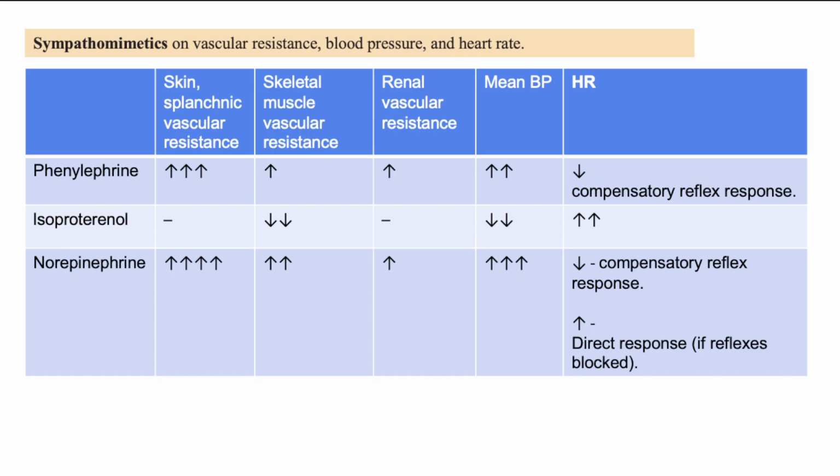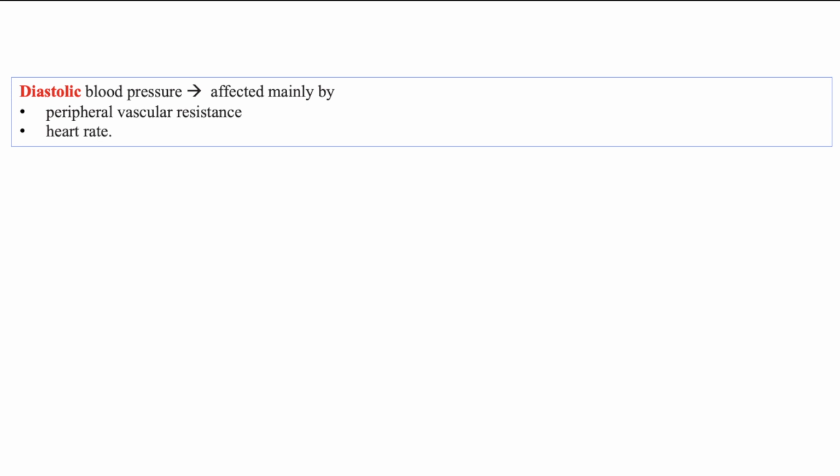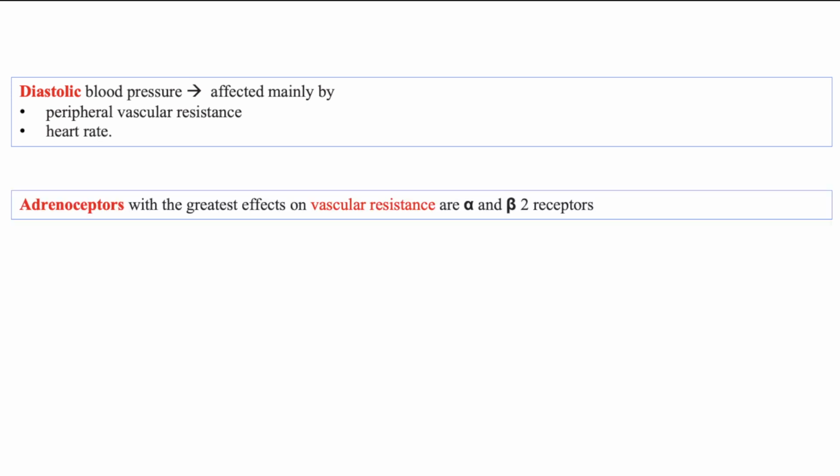Next, some important things to remember: diastolic blood pressure is mainly affected by peripheral vascular resistance and the heart rate. Adrenoreceptors have the greatest effect on the vascular resistance because of their alpha and beta 2 receptor mediated activity.